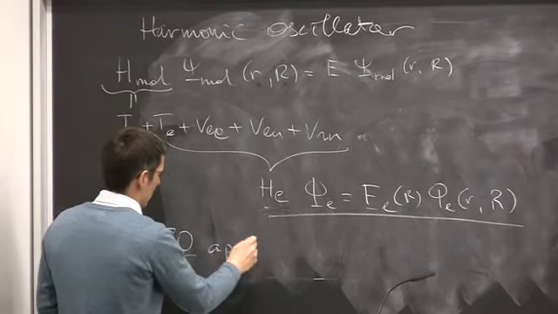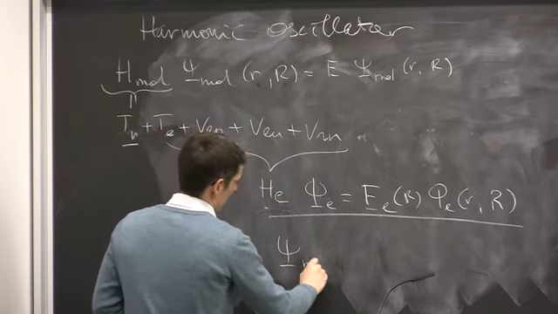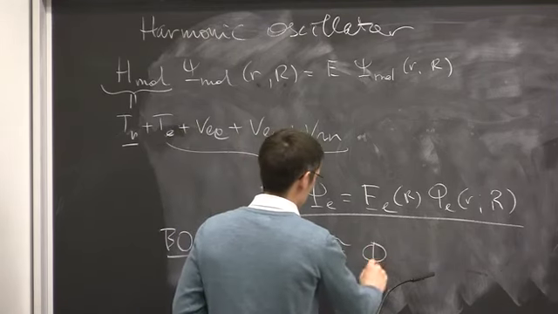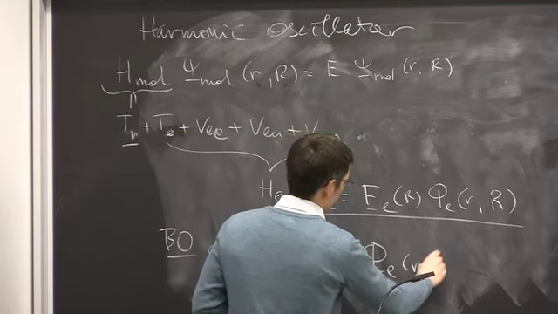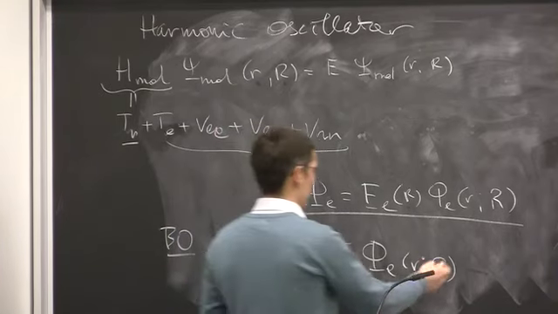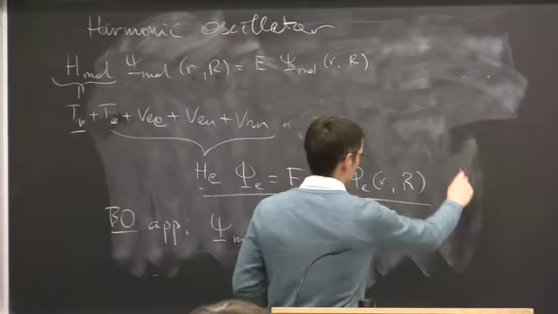Okay, and then once this is solved, the Born-Oppenheimer approximation essentially consists in thinking that the molecular function can be approximated as an electronic function, where the nuclear variables are fixed, they are parameters when we were solving the electronic problem.